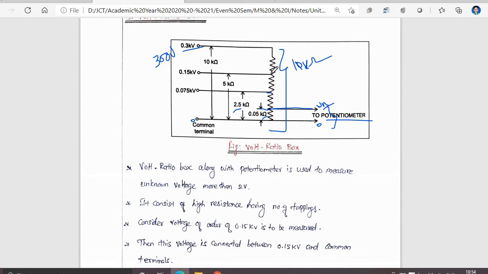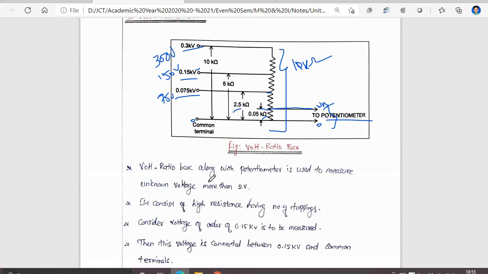We also take multiple tappings: 0.15 kilovolt, that means 150 volts, and 0.075 kilovolt, that means 75 volts. These are the different tappings to be taken here.